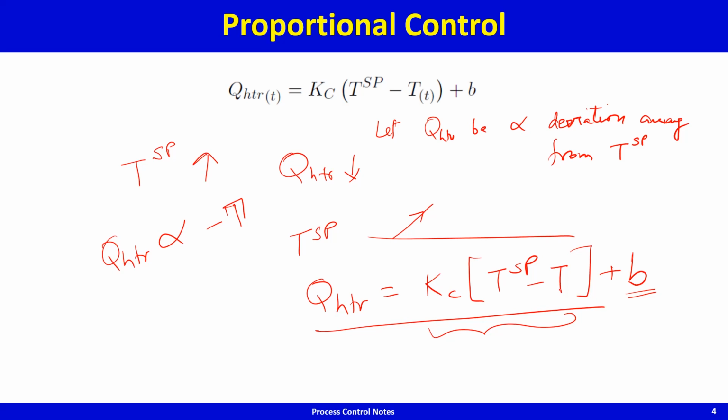Now if temperature goes above set point, this term will become negative, and now QHTR is 50% minus a term, which means QHTR decreases below 50%, which is what you want. If temperature increases above set point, decrease QHTR. So that is this control law.